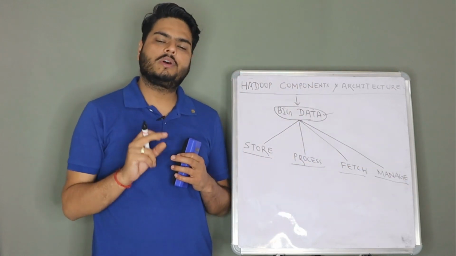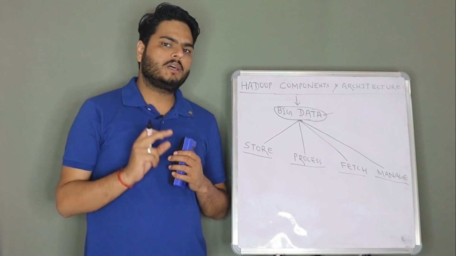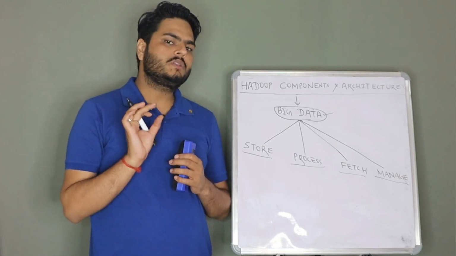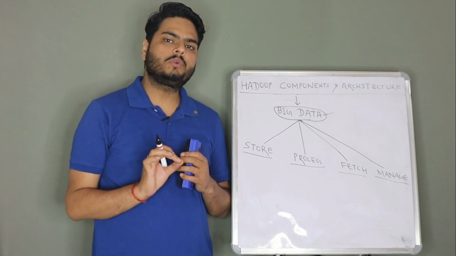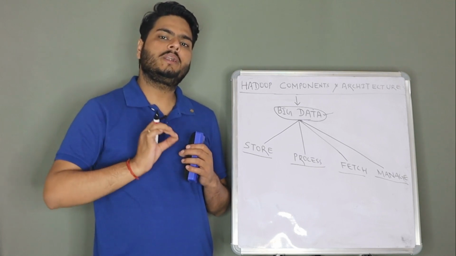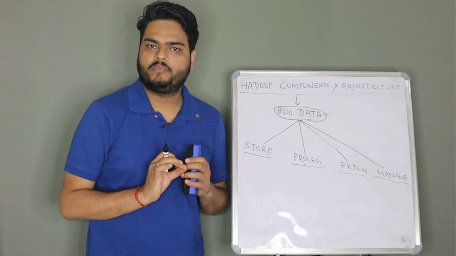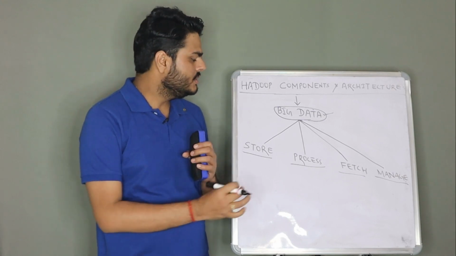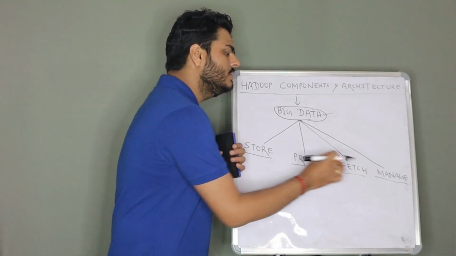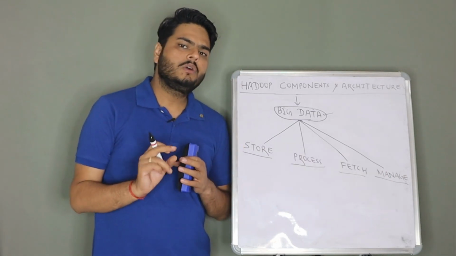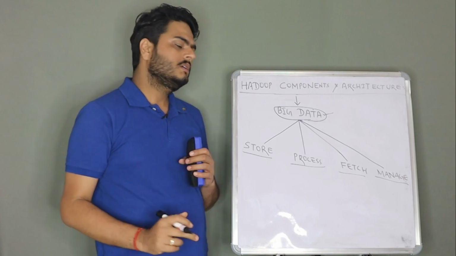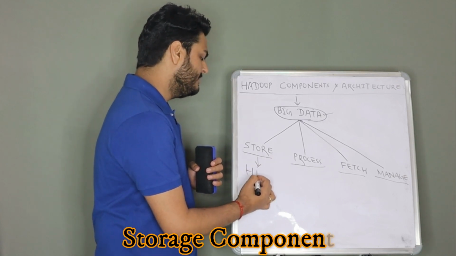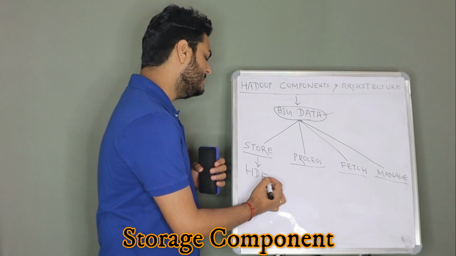Now when we talk of Hadoop and big data, from my last video you must remember that Hadoop is an open source framework which supports storage, processing, and maintenance for big data. Now what are the different components of Hadoop used in all these four parts? For the storage part, there is something known as HDFS. I am sure some of you would have heard about this.